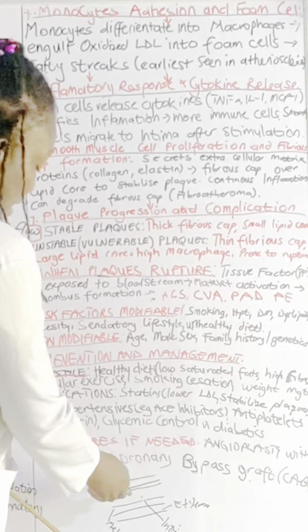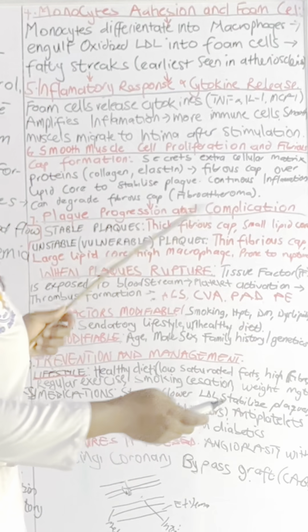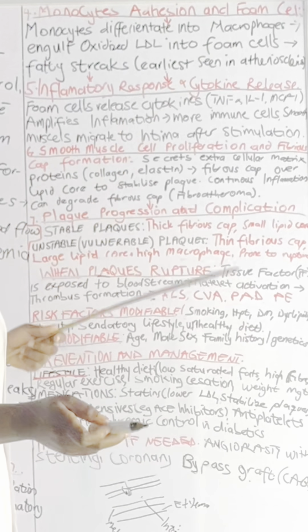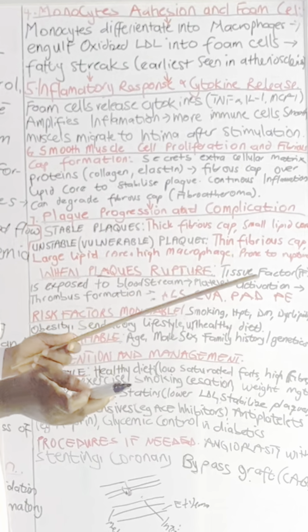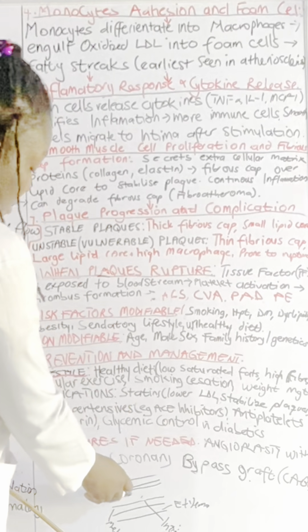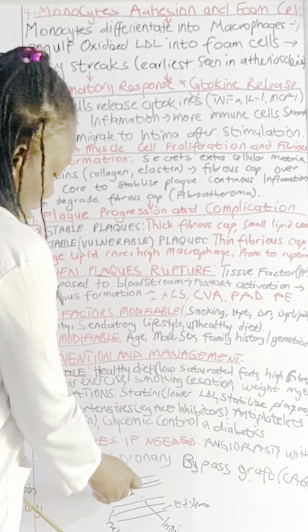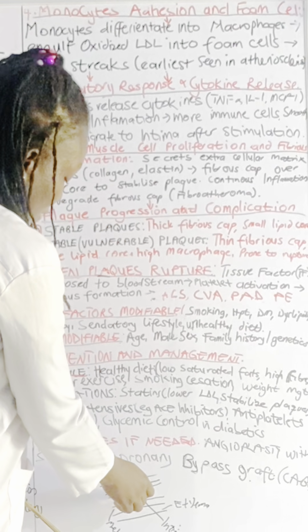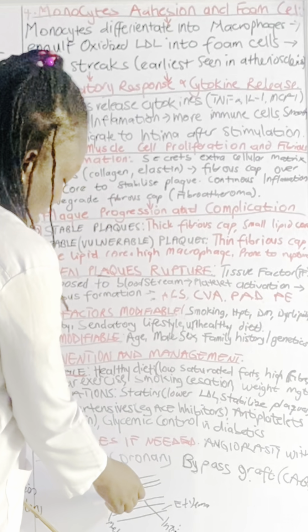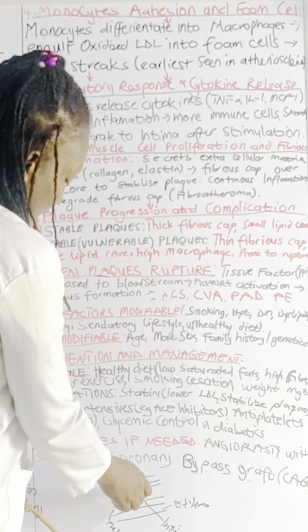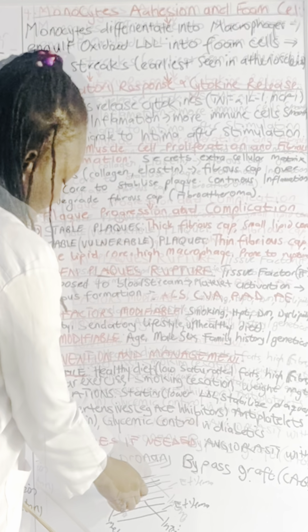Now these monocytes get here, they get differentiated into macrophages, and we already know what macrophages can do. The monocytes will enter into the intima, they get differentiated into macrophages, and now these macrophages will come and engulf the oxidized LDL over here.